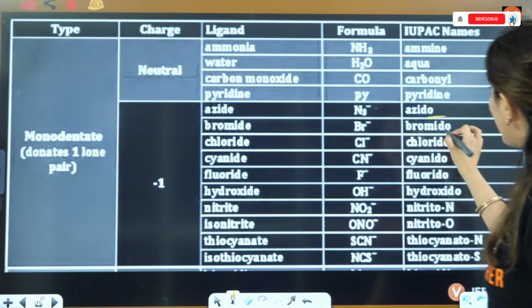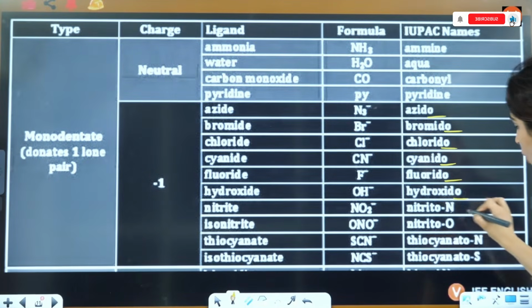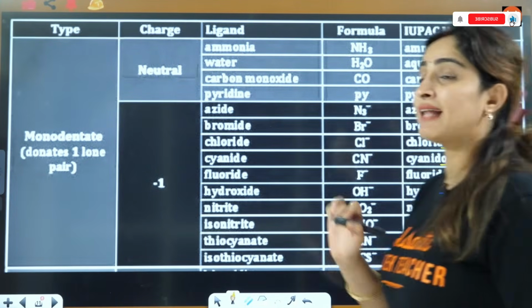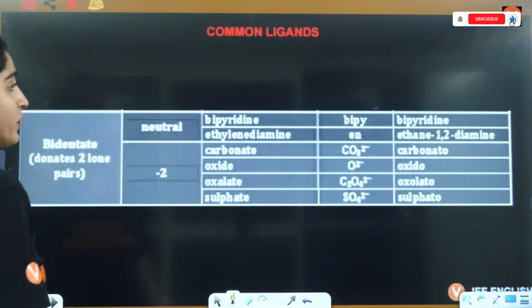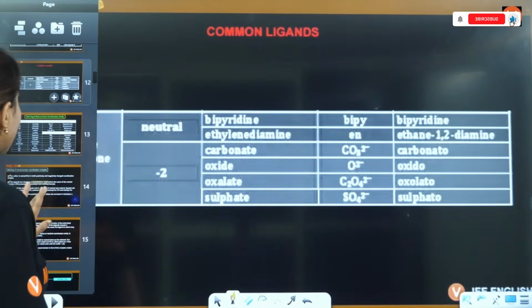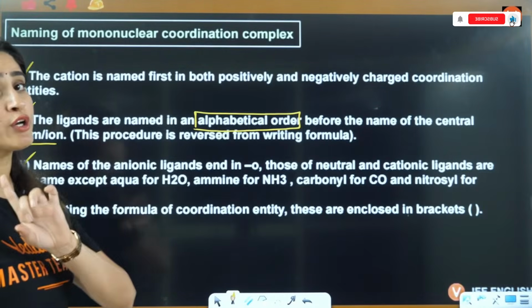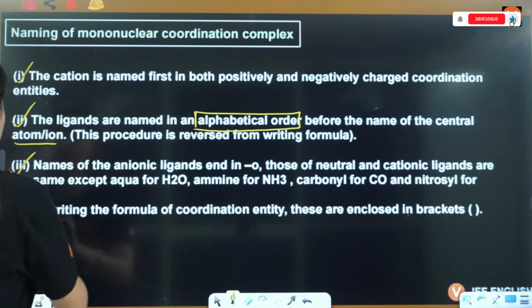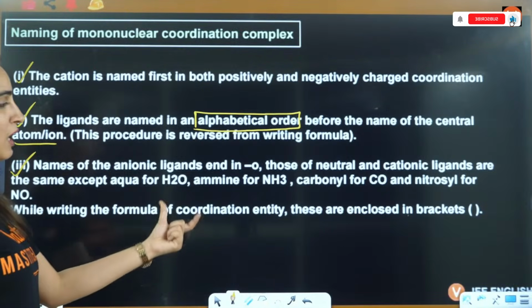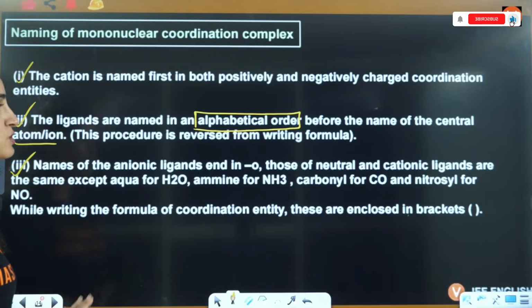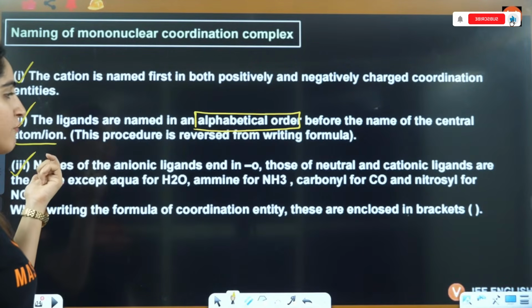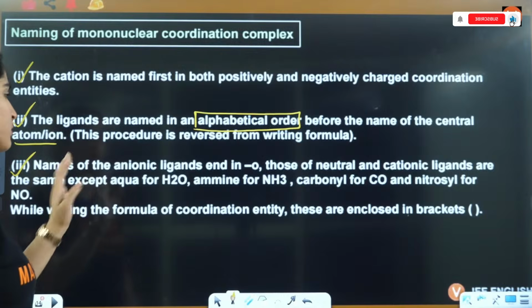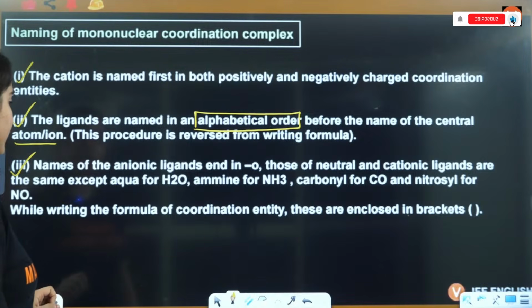All of them end with O. So this is very important: the name will always end with O for negative ligands. We are not talking about neutral or positive ligands, only negative ligands. Then while writing the formula, these are enclosed in brackets. I'll show this in an example, how we write it.